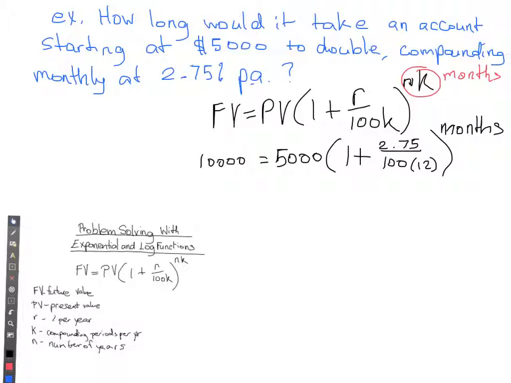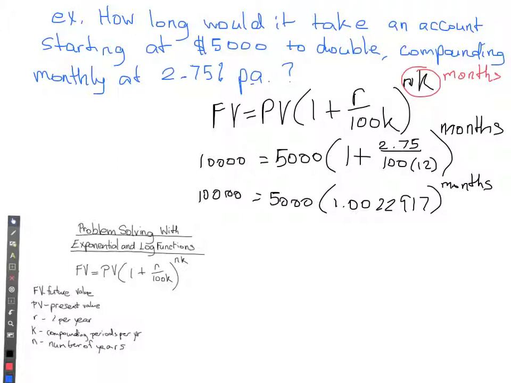So we get 10,000, and I'm just rewriting that over here, is equal to 5,000, and when we simplify these parentheses, we get 1.0022917 raised to the number of months.